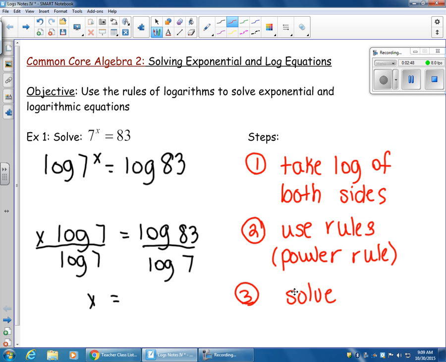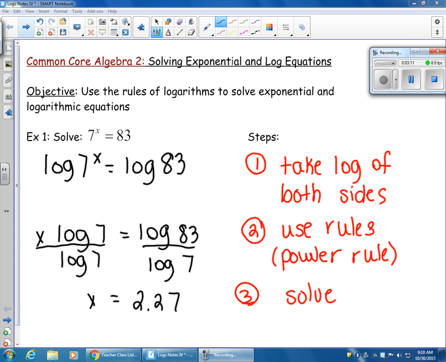Divided by log of 7. So we take the log of 83 divided by the log of 7, we get 2.27, and just want to clarify that we're not using the rule that division is subtraction at this point. We're straight out just putting it in our calculators and dividing it out.